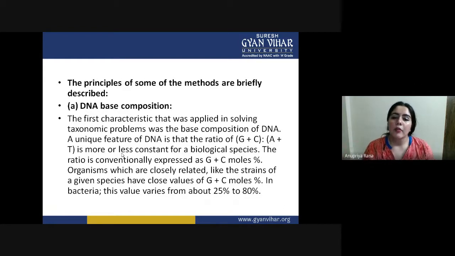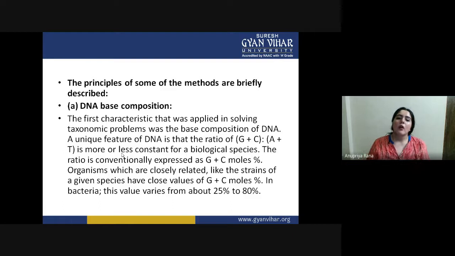Now, the principles of some of the methods are briefly described here, like DNA base composition. In the molecular techniques, it is very important that we take into consideration the DNA base composition. Mostly DNA has two kinds of base pairs, GC plus AT: guanine plus cytosine, and adenine plus thymine.